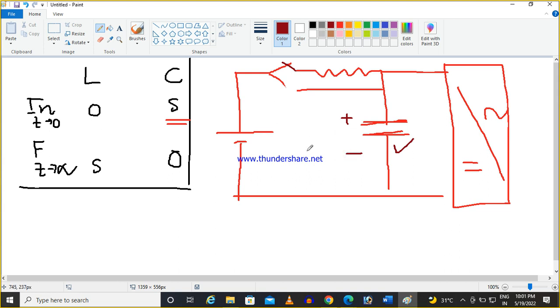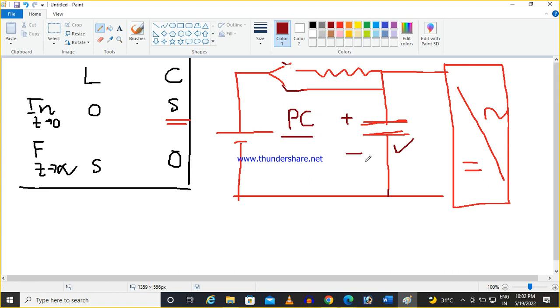So finally the effective voltage will come down, and at that time I will break this, and I will connect this, and I will connect this. So now the charging current, the inrush current, is maintained.